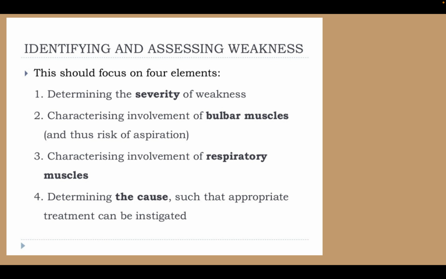There could be a characteristic involvement of the bulbar muscles, and of course you need to see whether the patients are aspirating. There could be involvement of respiratory muscles, and you need to determine the cause, so that treatment can be targeted for the same.